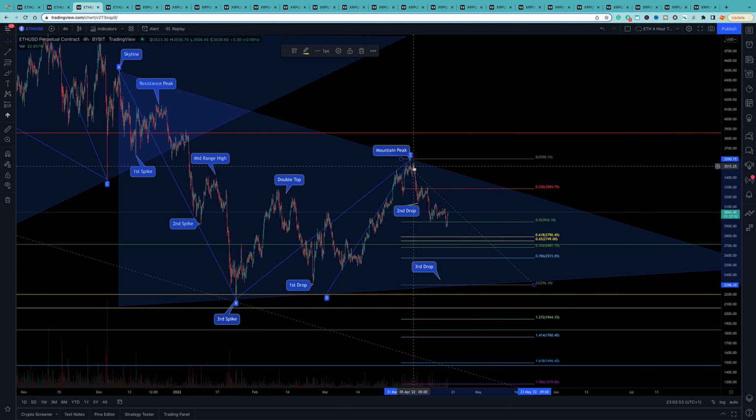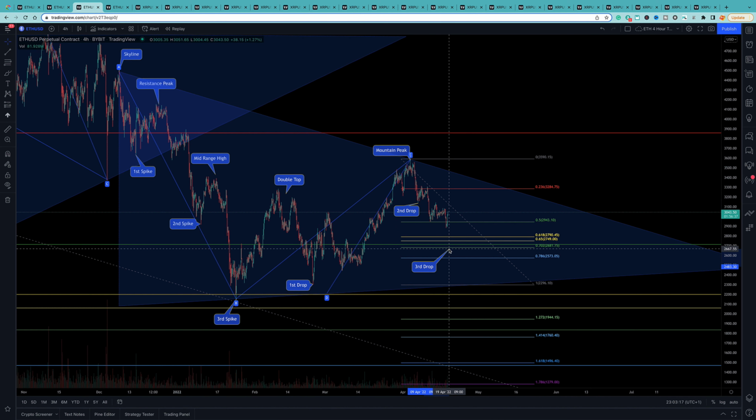We've got the resistance peak, dead cat bounce, first drop, second drop. There's definitely a third drop due. And again, if we bring it down and it goes to the 618, 2793, it might even want to go to the 702. Maybe it wants to come to the 786. You get a nice drop on it, then that would be third drop.